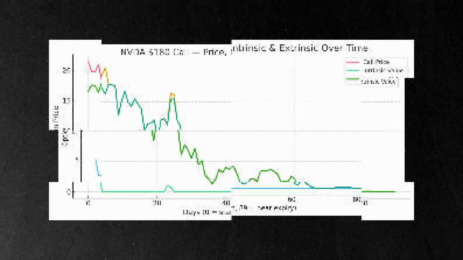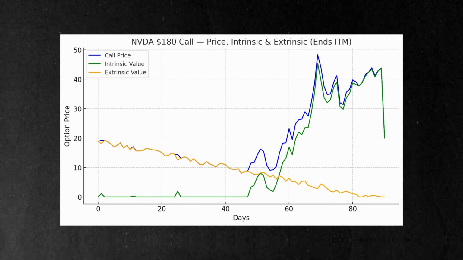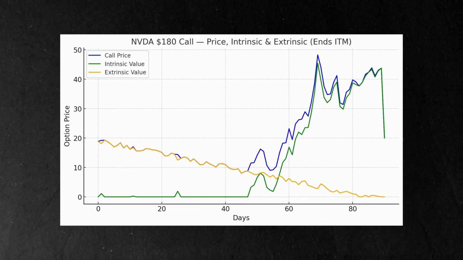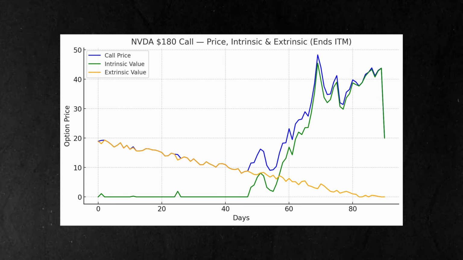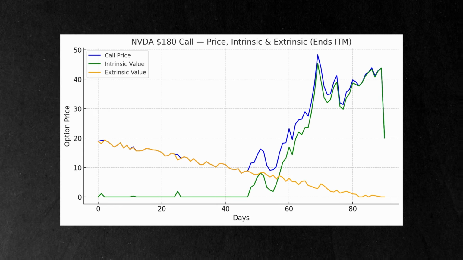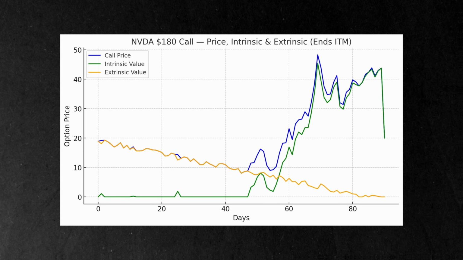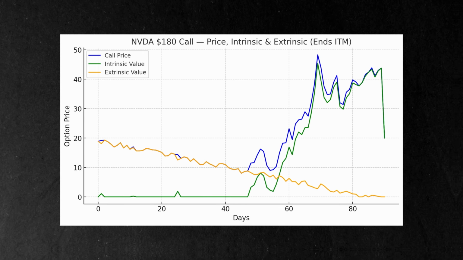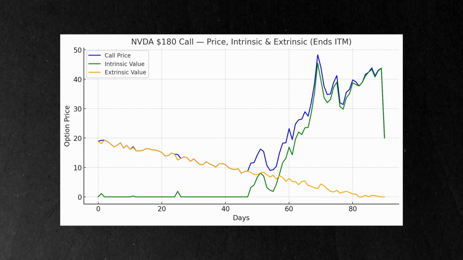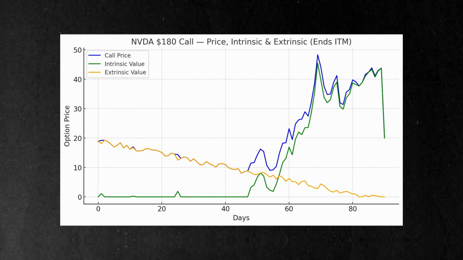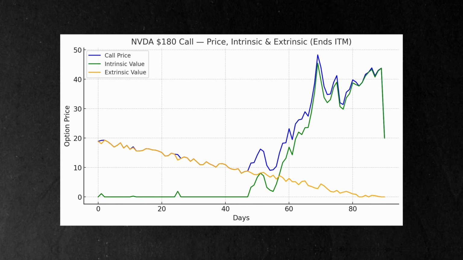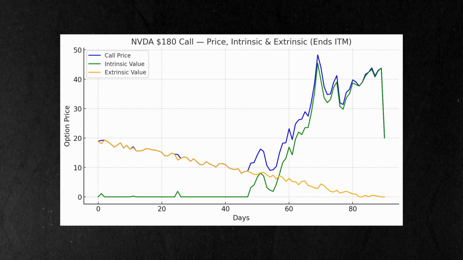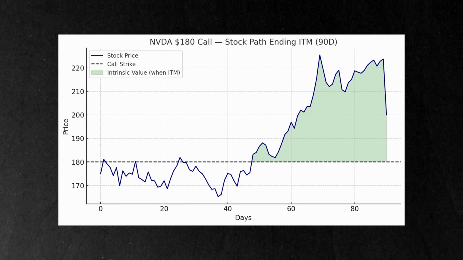On the flip side, here's a call option on NVIDIA, strike price 180, an option that ends up in the money. Initially there's intrinsic value and extrinsic value. However, as you get closer to expiration, the extrinsic value, the time value of the option, goes to zero, and the option just becomes worth the intrinsic value.